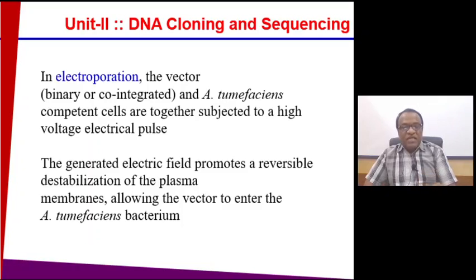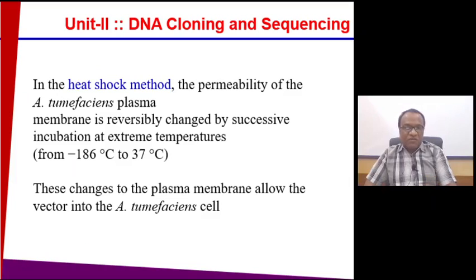The generated electric field promotes a reversible destabilization of the plasma membrane, thus allowing the vector to enter the Agrobacterium tumefaciens so that the T-DNA is transferred, right?